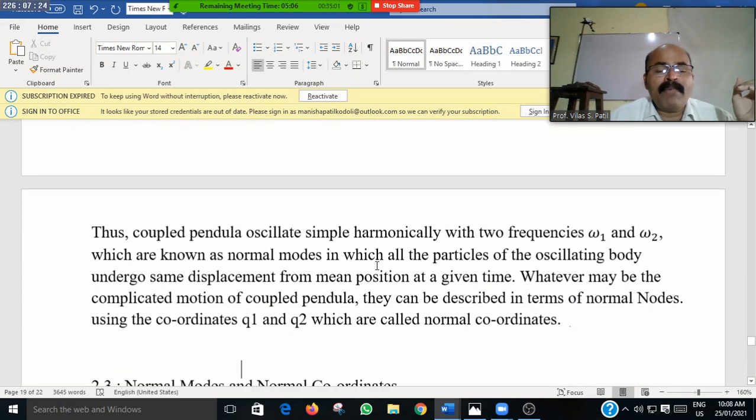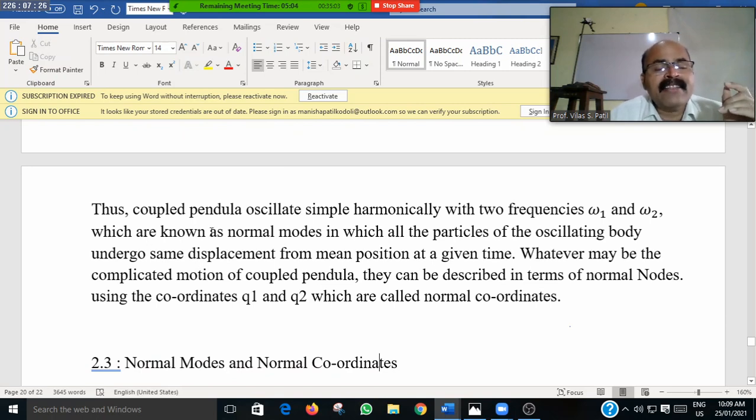Thus the coupled pendula oscillate simple harmonically with the frequencies omega 1 and omega 2. This is known as the normal mode, in which all the particles of the oscillating body undergo the same displacement from the mean position at a time. Means omega 1 and omega 2 are two frequencies, but the displacement is the same, x1 is equal to x2.